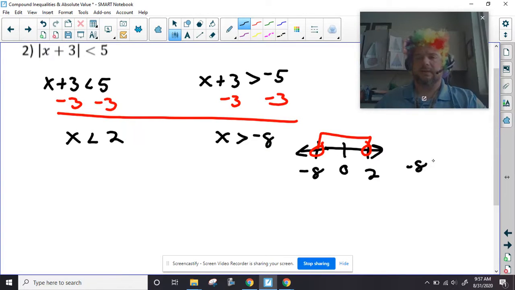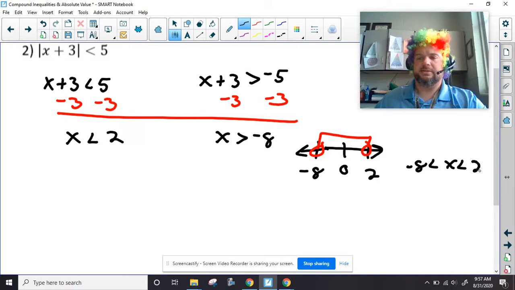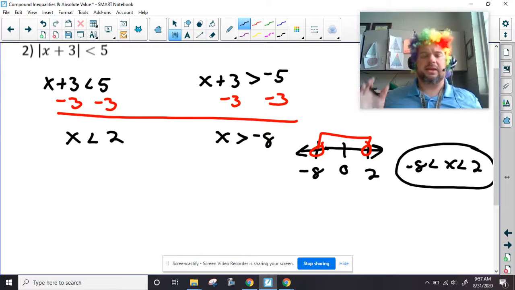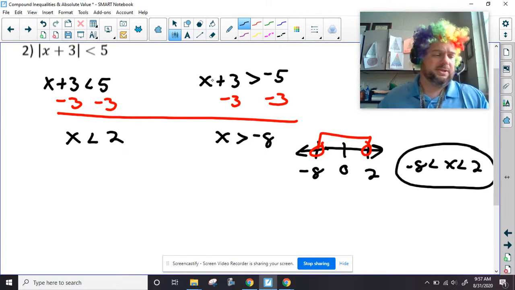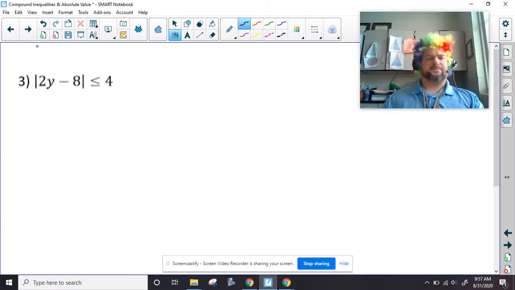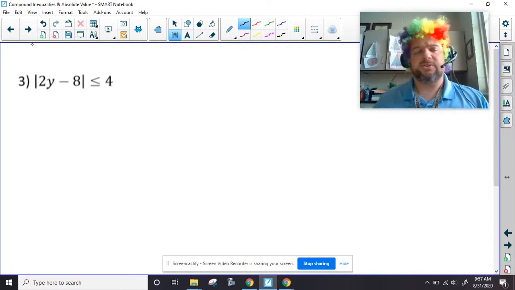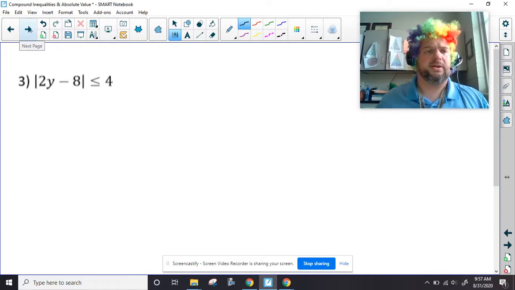This is -8 less than x less than 2. That's how that's read. Again, I didn't know that these were ands until I actually solved them and did the graph. It's been a while since I've done these, a couple of years. I'll let you do this one on your own, for extra practice. Everybody needs a little extra practice.